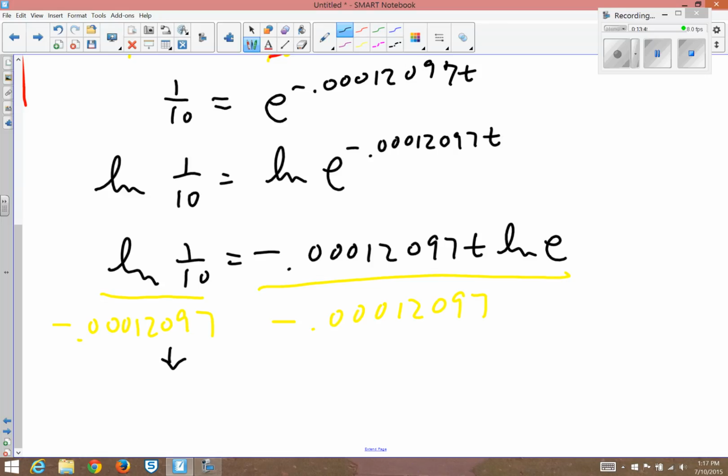So we'll do this division on my calculator. The natural log of 1/10 divided by negative 0.000120097.